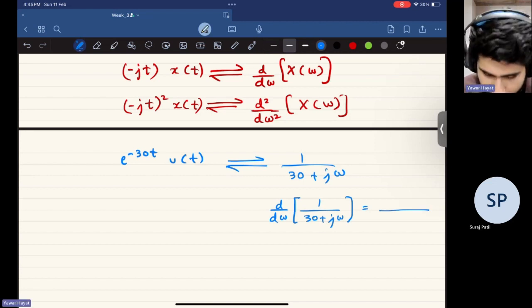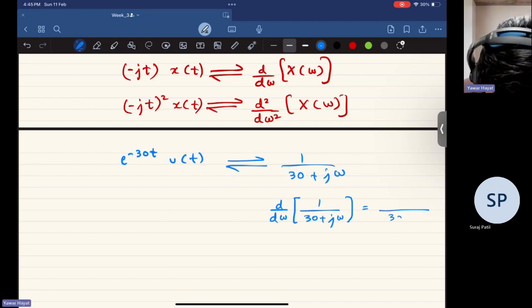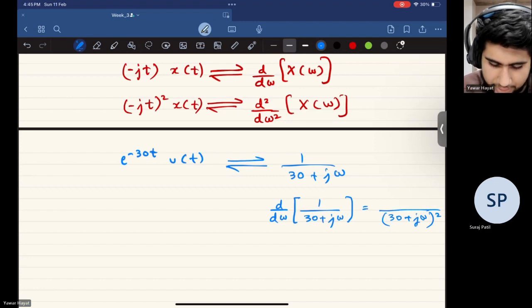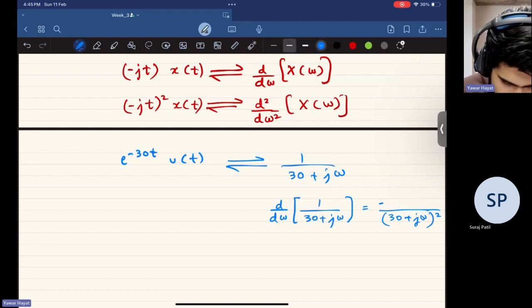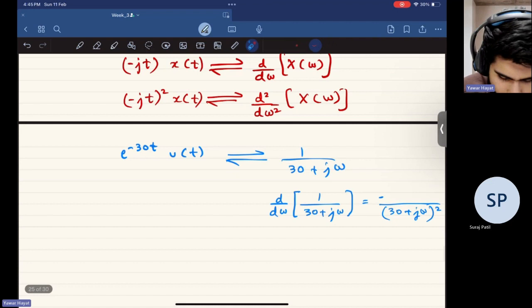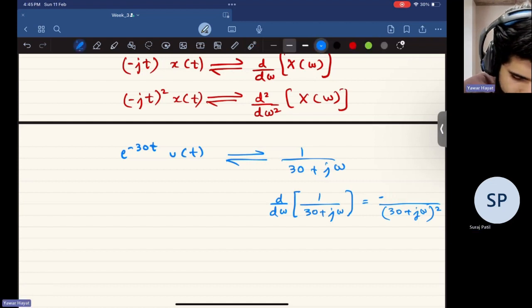Using the u by v rule, it would be this 30 plus j omega square, right? And then denominator times differentiation of numerator. Differentiation of numerator is 0. And then minus, so I'll use a minus sign. Numerator times differentiation of denominator. Differentiation of denominator is j. I'll use minus j.